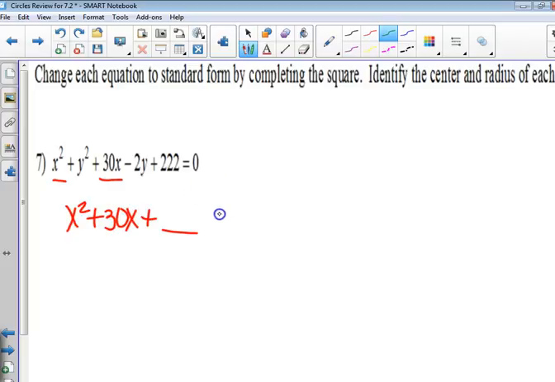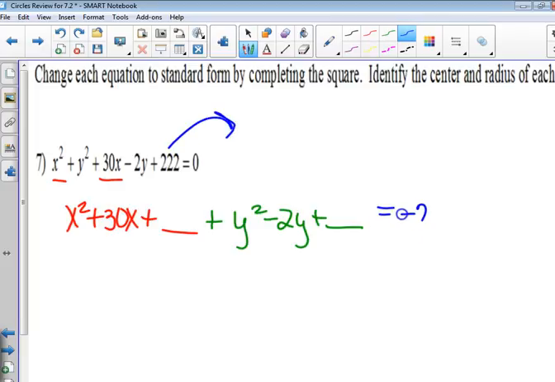Then we're going to go plus y squared minus 2y plus blank equals, I'm going to move this guy over the other side, so he'll become what? Negative 222, and I'm going to be all fancy and put plus a red blank plus a green blank.